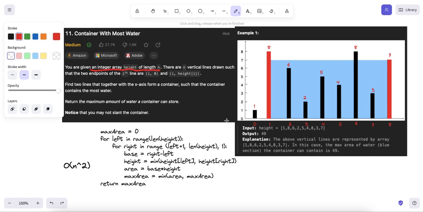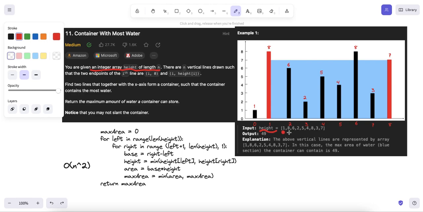Basically, this array height is formed of numbers, and each of these numbers indicates the height of a specific line. So we can see, for example, in this example, at index 0 of this height array, we have the value 1. Therefore, the first line in this graph is a line with height 1.